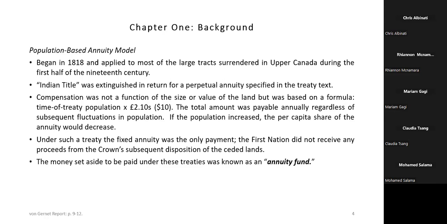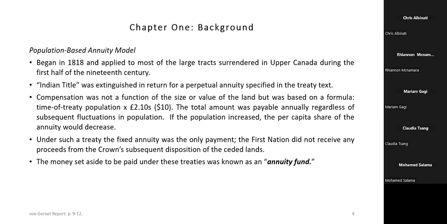This is the confusion I'd like to avoid. You say the First Nations thought they were getting it per capita, but the method of calculation is not necessarily connected with the method of distribution.